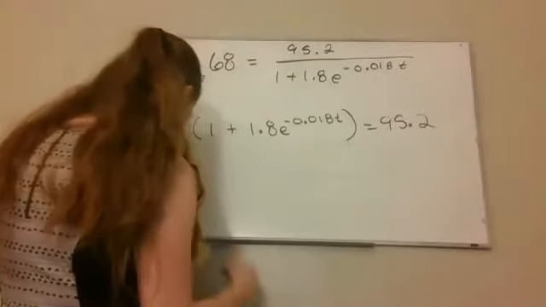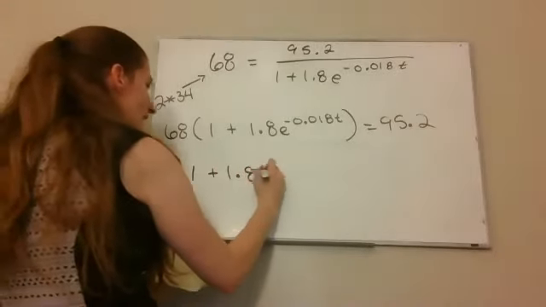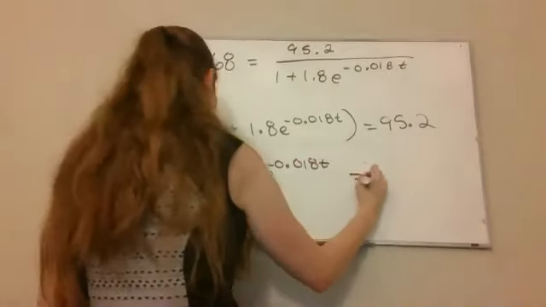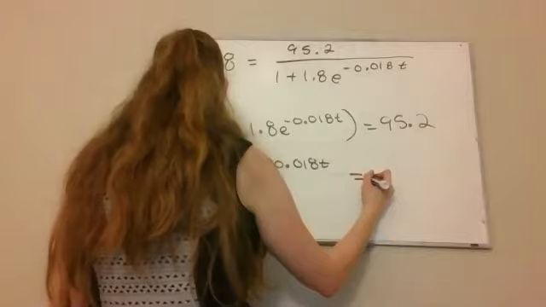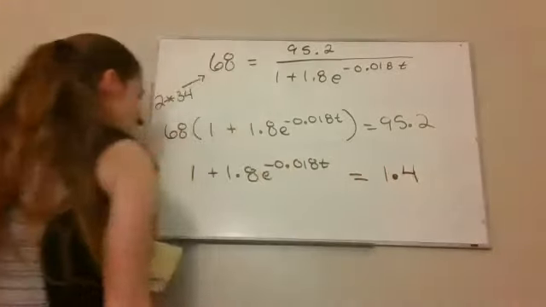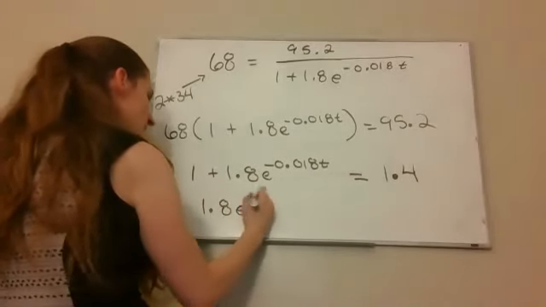When I divide by 68, I get 1 plus 1.8 e to the negative 0.018 t is equal to 95.2 divided by 68, which is 1.4. Now I subtract 1 from both sides.